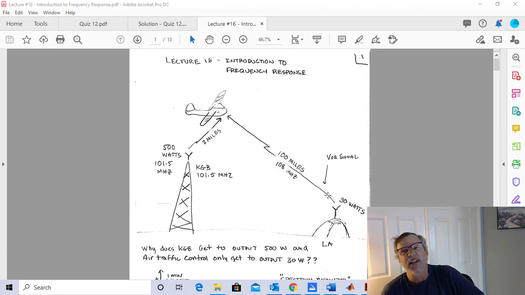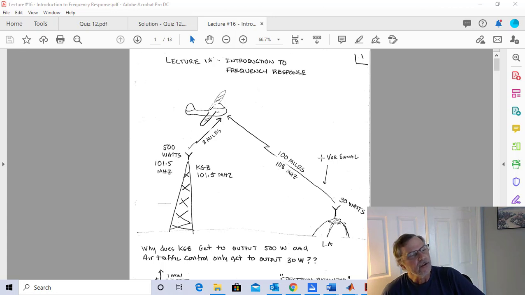And in reality, if it's going over San Diego, it might be listening to a VOR station that's a little closer. But for my example, let's say it's coming right off the tower at LA Airport. This is probably the worst drawing of the control tower at LA Airport that you will ever see, but it's actually about the best that I can do because I'm not a very good drawer.